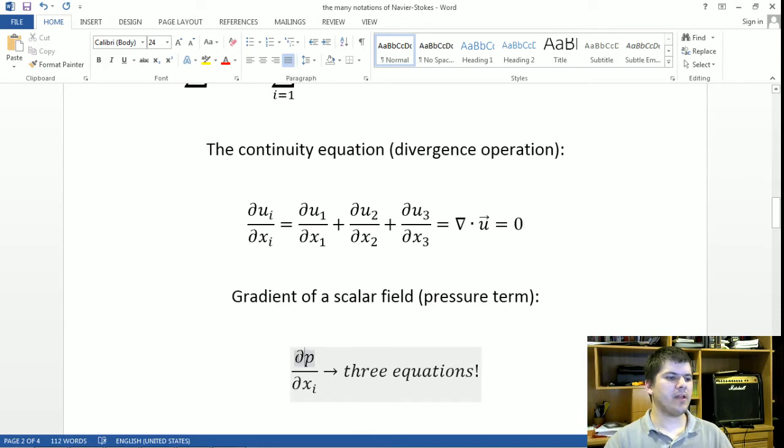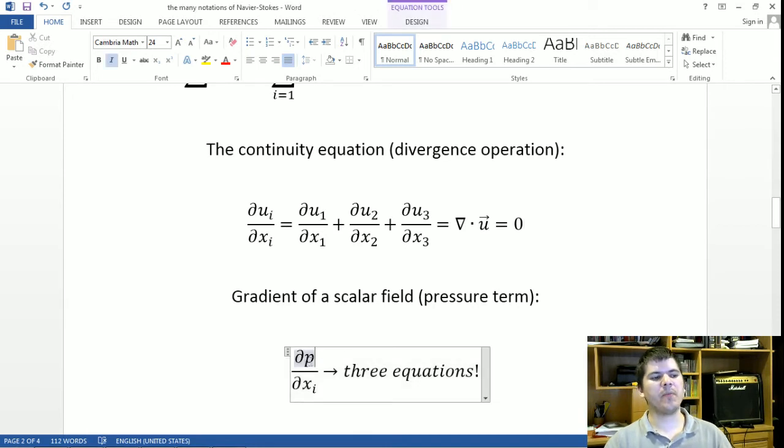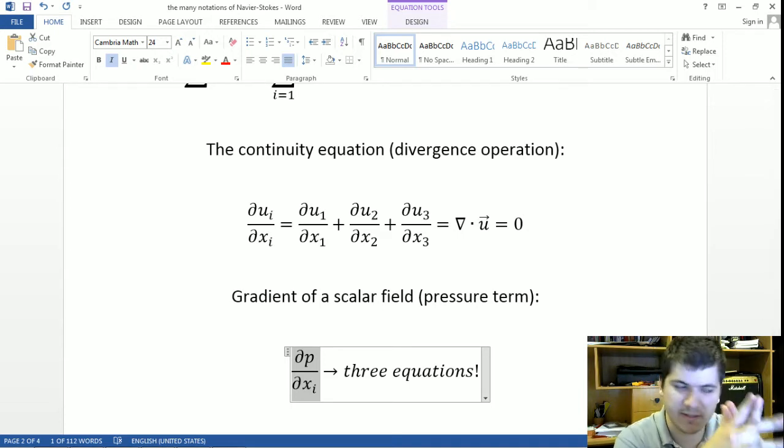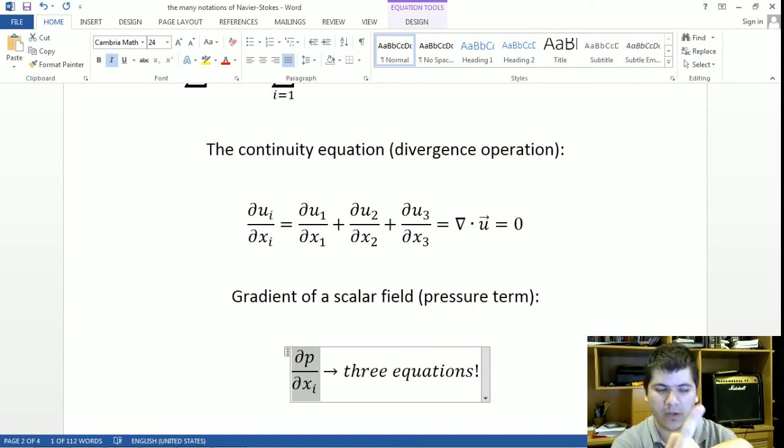Here we take partial p, partial x_i. As you can see, there is no repetition of the index i. However, that indicates that these are actually three equations expressed as one equation, because i goes from 1 to 3.